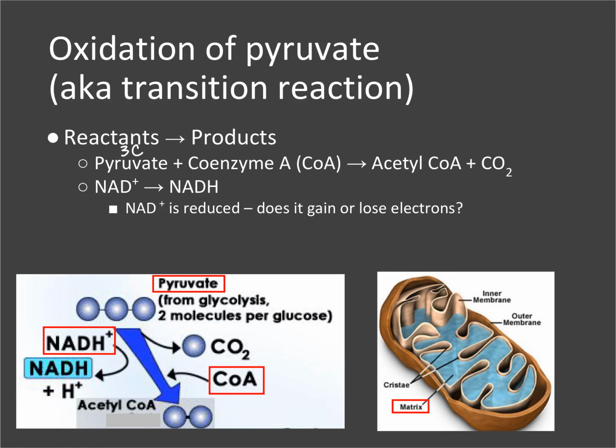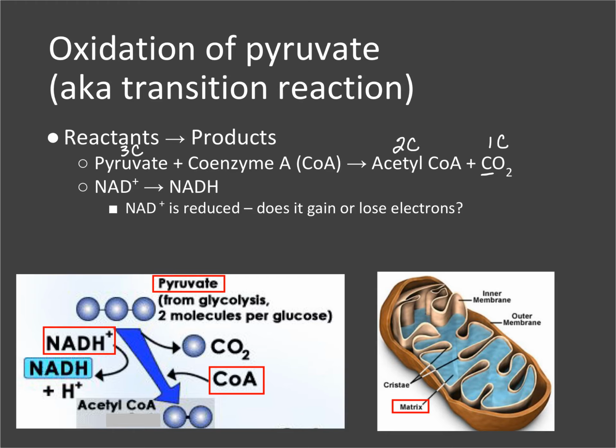And what happens is it ends up making a 2-carbon compound called acetyl-CoA, or acetyl coenzyme A, plus carbon dioxide, and carbon dioxide of course has 1 carbon in it. So we've taken 3 carbons in pyruvate, and we've broken one of those carbons off into carbon dioxide, and then we've made this 2-carbon molecule known as acetyl-CoA.